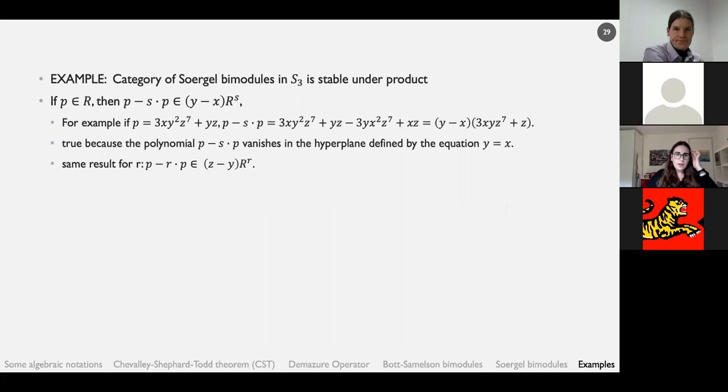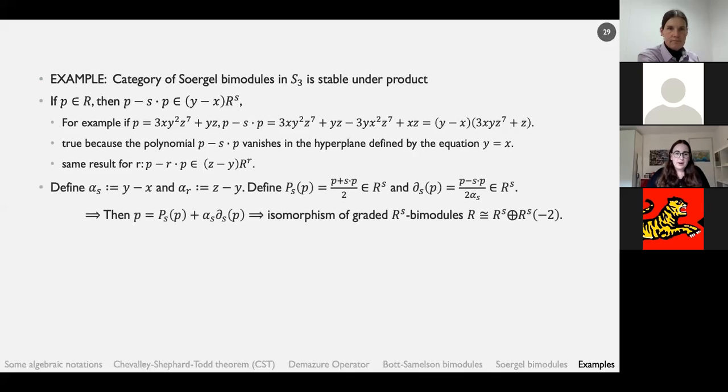So, for example, if P is the polynomial 3x y squared z to the power of 7 plus yz, then we can compute P minus SP, and we get that it's Y minus X times 3xy z squared plus z, and this is in RS. The same result stands for R, obviously. So then P minus RP is z minus y multiplied by some element in RR.